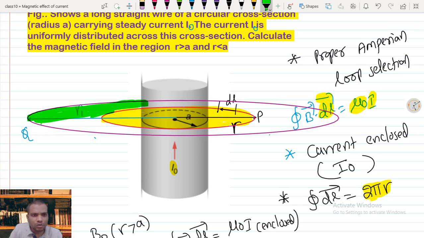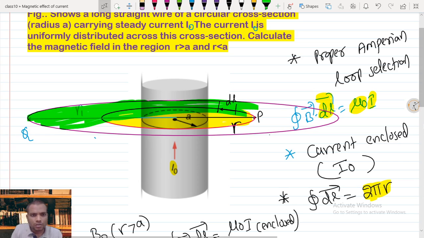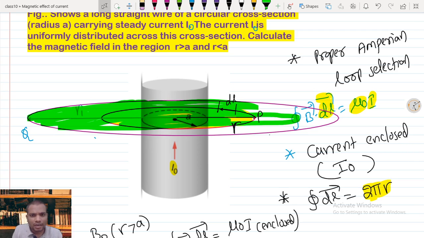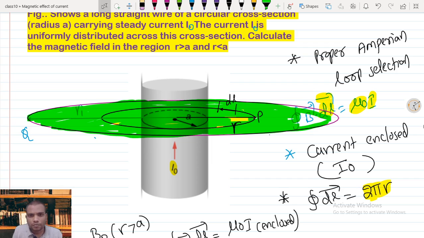This includes everything, including the yellow region also. So this much is the very big Amperian loop. The magnetic field is uniform around this Amperian loop.